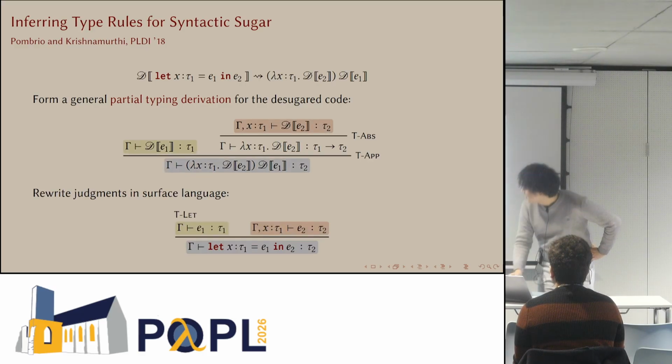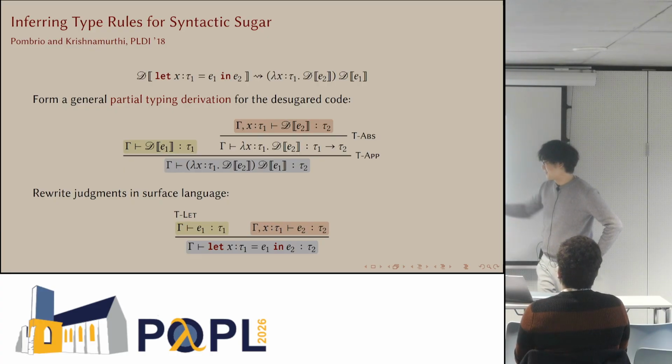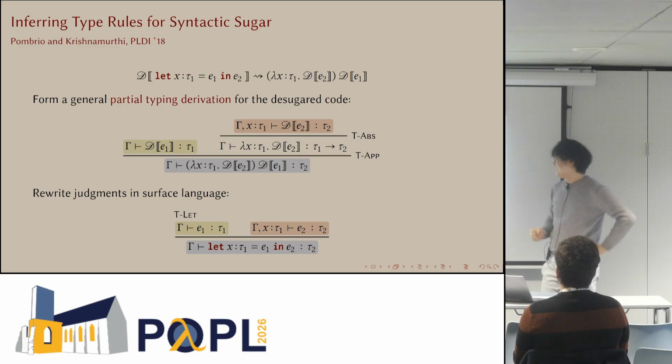But if we collect the open premises and rewrite them in the form of the surface language, E1 desugared becomes E1 before they are desugared.